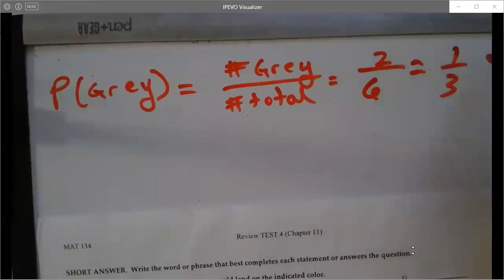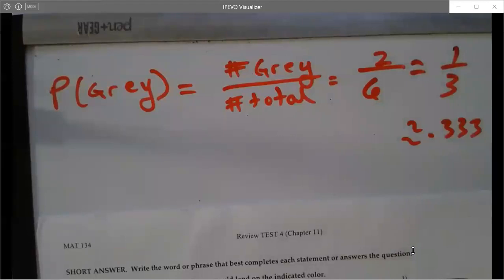So the probability of spinning the spinner and landing on gray is 1/3. As a decimal, it'd be 0.3 repeating.